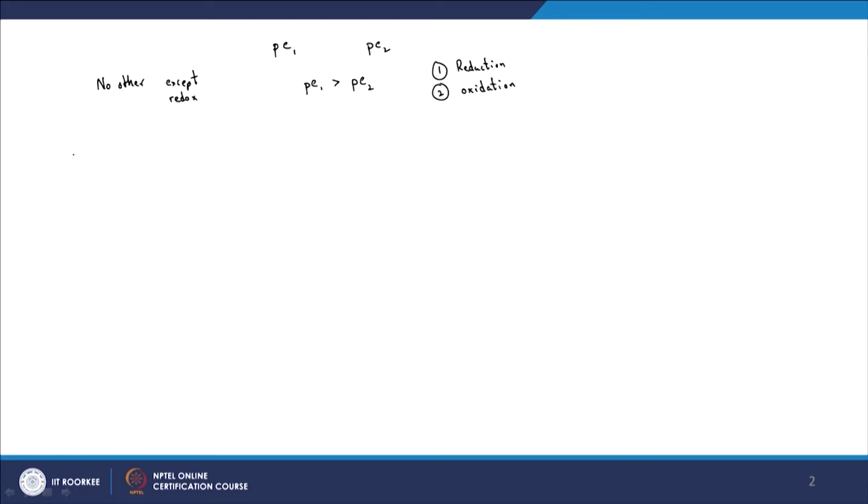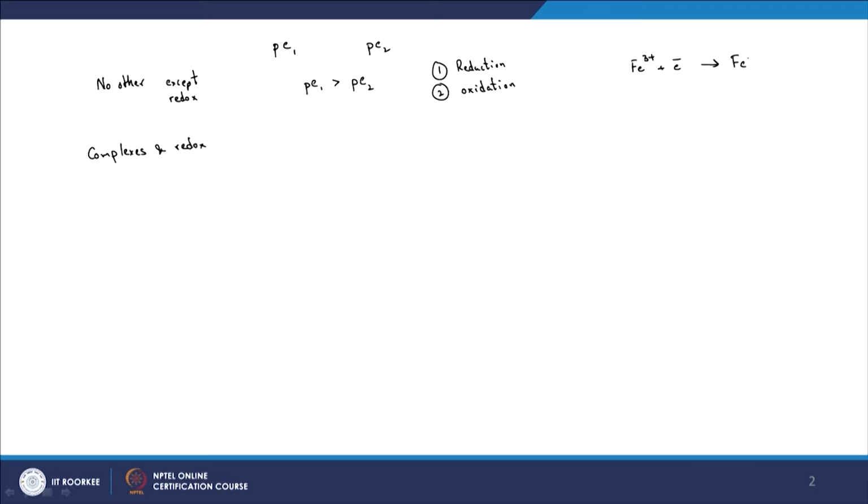But then we looked at the example with respect to the iron half reaction and considered the formation of complexes in conjunction with the redox process, right? As in, we have this particular half reaction: Fe3+ plus electron goes to Fe2+.